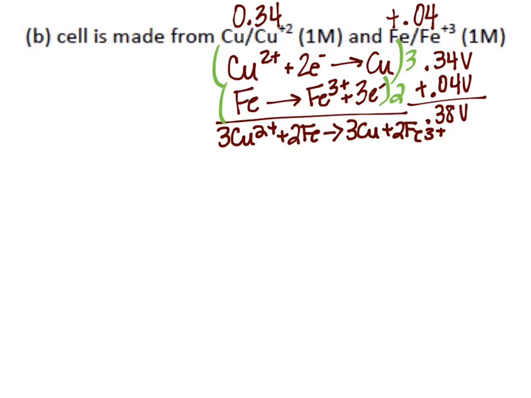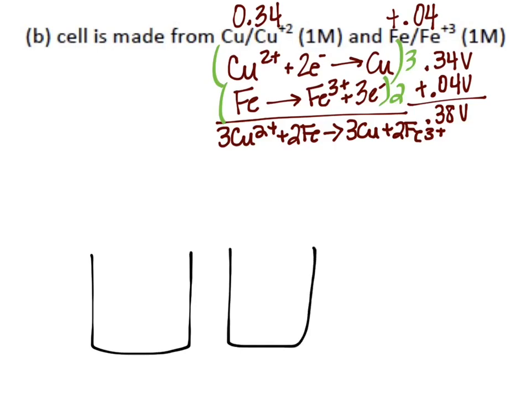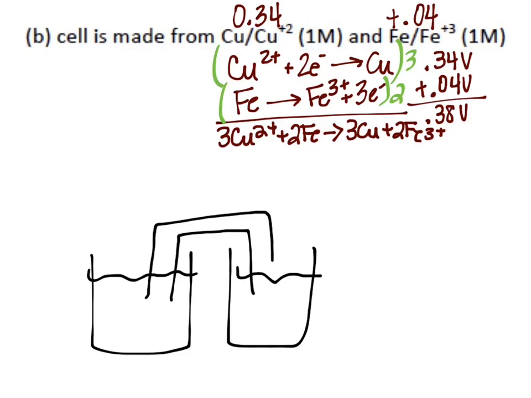Okay, so what do you got? We got to draw our two cells. So we have a cell here and a cell here. We have the solution. We have a salt bridge. All right, what do you guys want to be on the left side? Iron? Okay, so iron goes to Fe3 plus and 3 electrons.